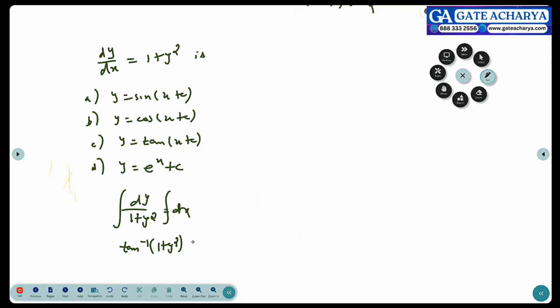So tan inverse is equal to x. Finally we have some more constant c.